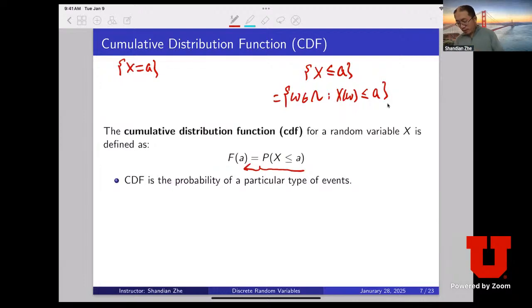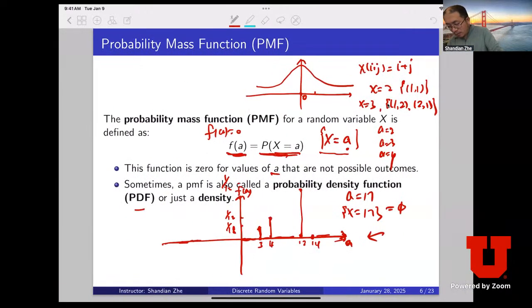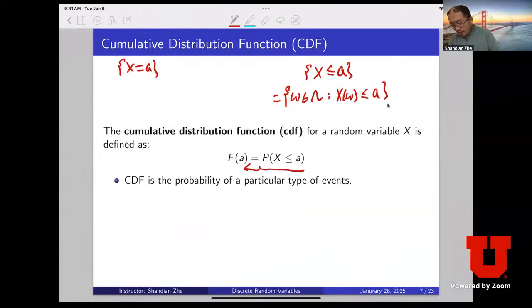In this type of event, it's not like, okay, what is the probability of X equals A? It's the probability of X less than or equal to A. So you see, there's just one more less in the inequality. So the equation becomes an inequality, right? Then this function has a huge difference from the probability mass function.